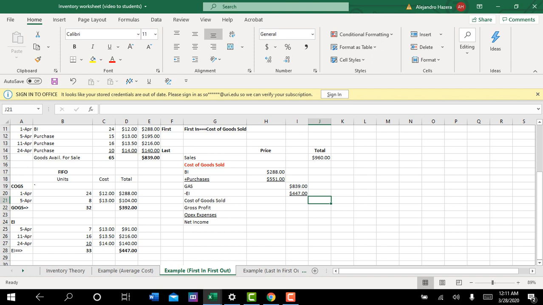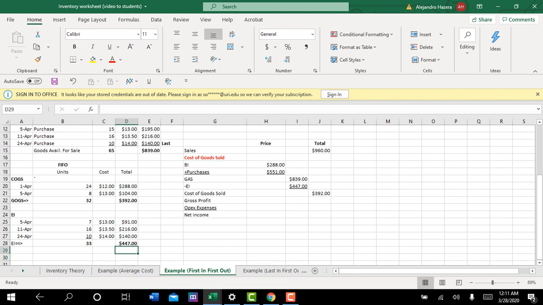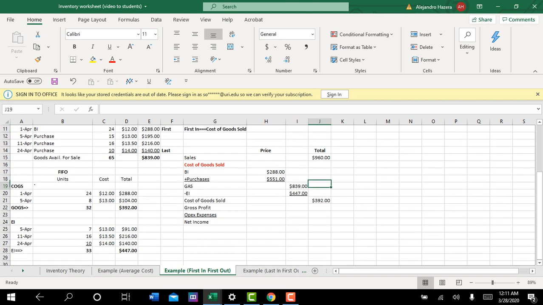So your cost of goods sold is equal to $392. Notice that these two numbers, the 447 plus the 392, give you your goods available for sale. These two numbers should always add up to goods available for sale. Anyway, your gross profit ends up being your total sales of $960 minus your cost of goods sold of $392, which gives you a gross profit of $568.